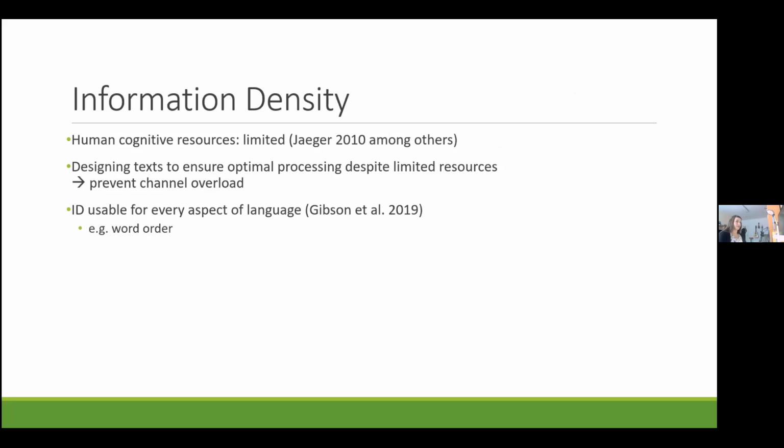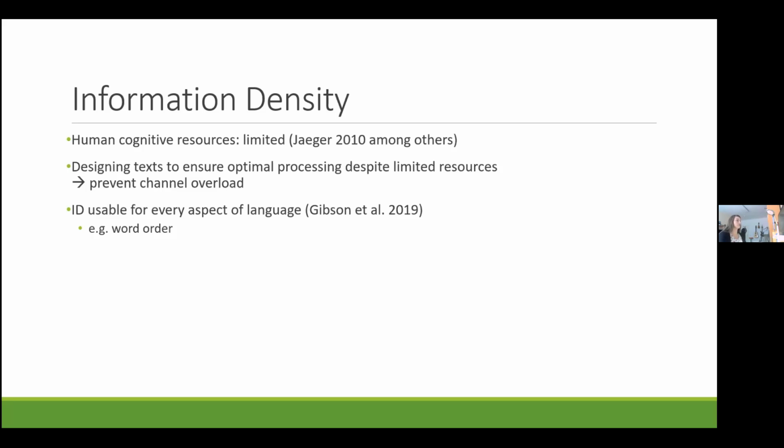I have also already mentioned that information density has been quite well connected with processing effort and cognitive resources. We know that human cognitive resources are limited and that speakers design their texts to ensure optimal processing despite these limits.